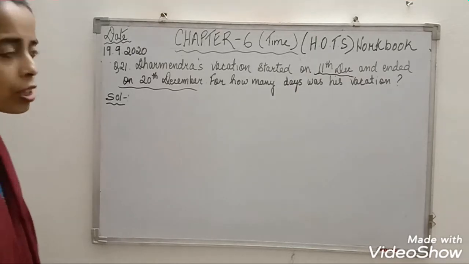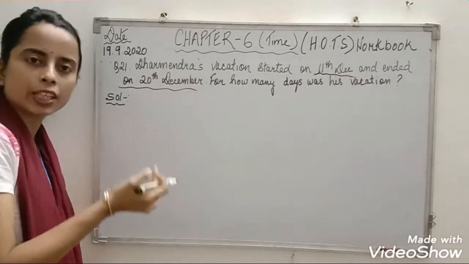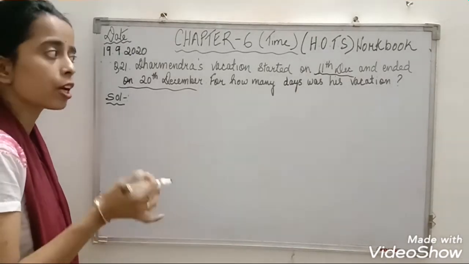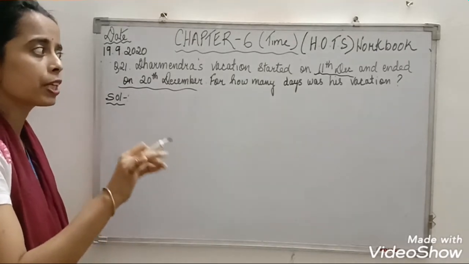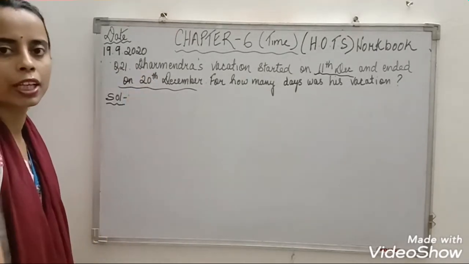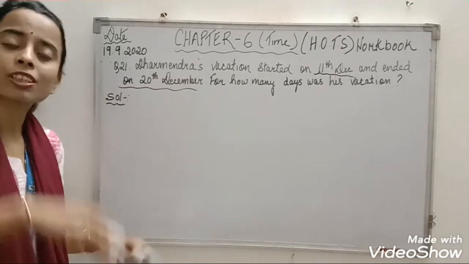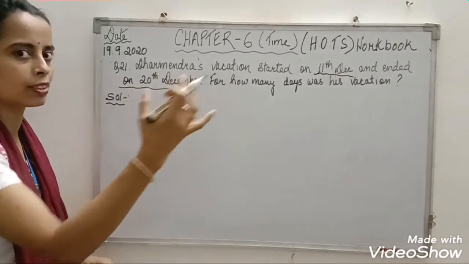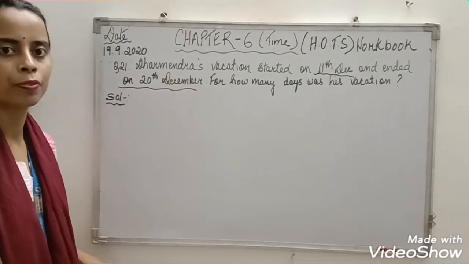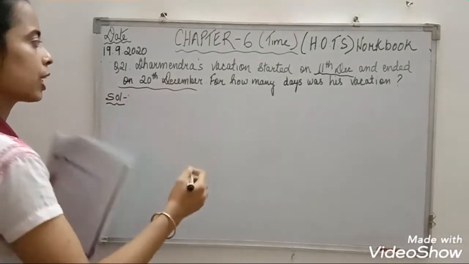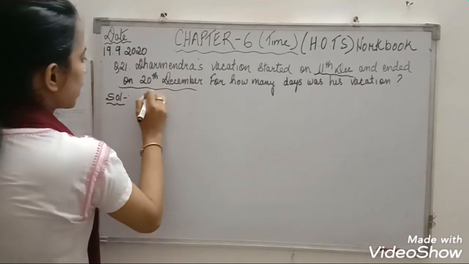Now in this question, what is given? Start date of the vacation and end date of the vacation. Now we have to calculate how many days his vacation was, the duration. Same as how you calculate start time, end time and the duration. So let's see how to calculate.